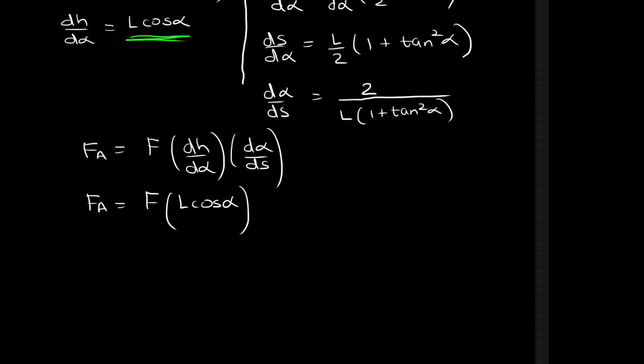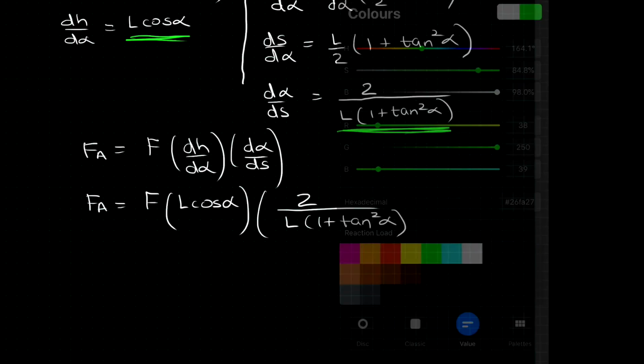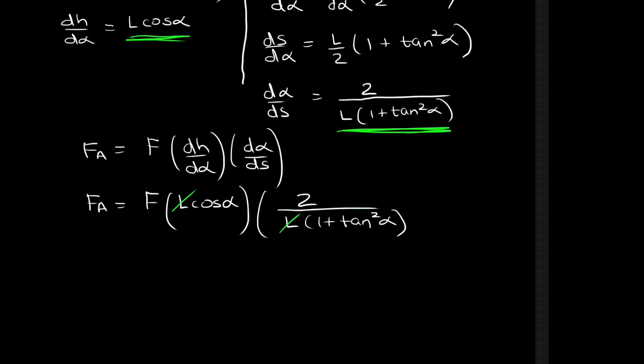And d alpha by ds is equal to 2 on L times 1 plus tan squared alpha. If we write that in, we can see that the lengths cancel out, and we're left with the equation for FA, which is equal to 2 times F times cos of alpha, all on 1 plus tan squared alpha.